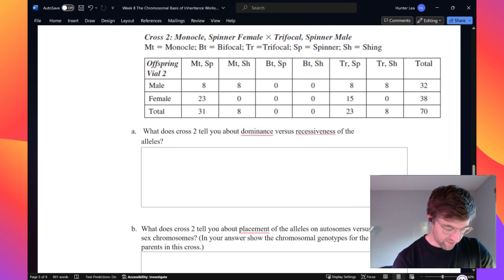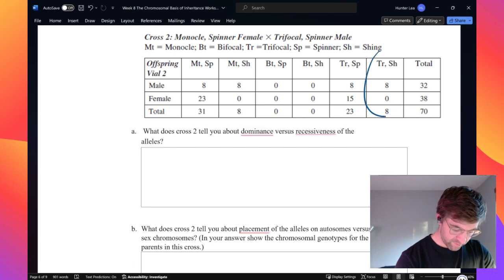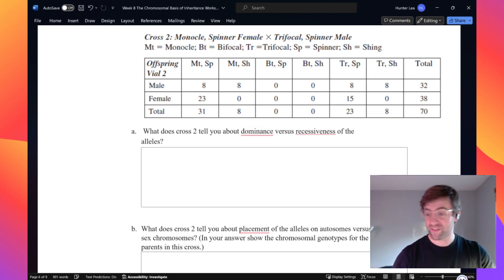And looking at this, we do get some shiny. Interesting. But it looks like we only get shiny males. We get absolutely zero, zilch, no shiny females. So that should tell us something about its placement on the chromosome.